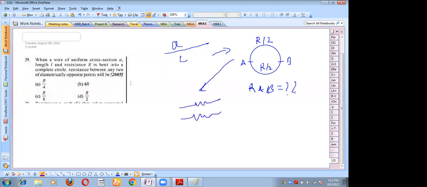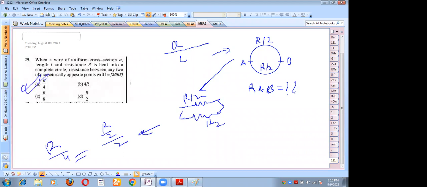R by 2 in parallel, R by 2 in parallel. So the net resistance will be R by 2 divided by 2, that means R by 4. So the answer is correct. Okay. Going to the next question.